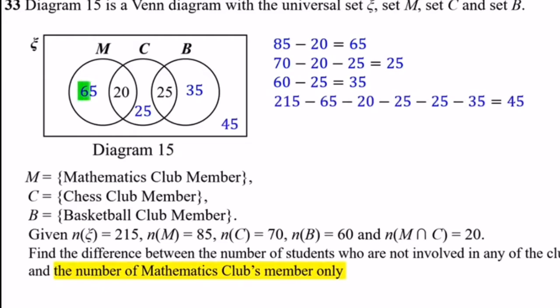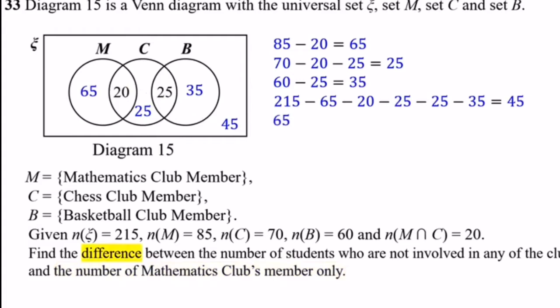So we will take 65 minus 45, because the question says we have to find the difference. When you find the difference, you always take the biggest one minus the smaller one, because this is the number of students. So we will take 65 minus out 45, and then we will get the answer for this question.